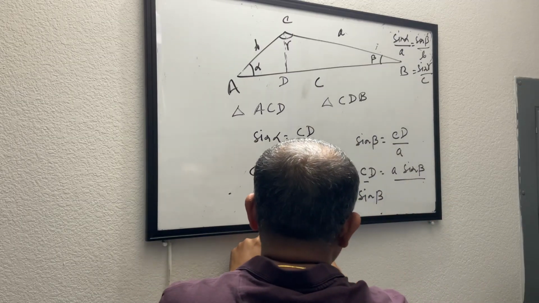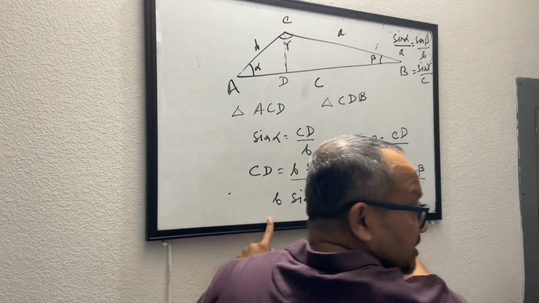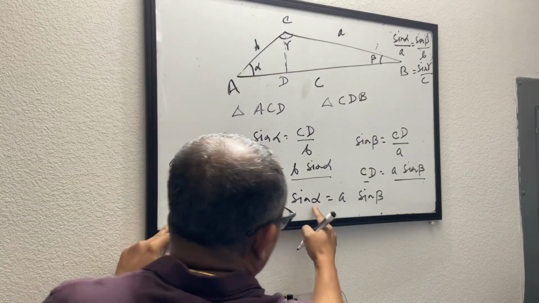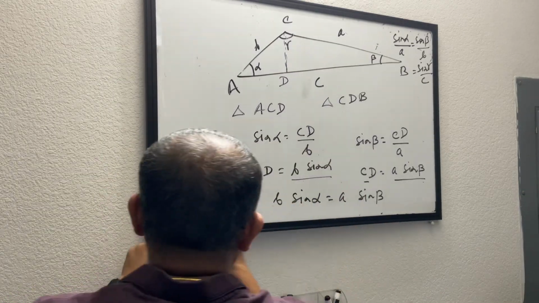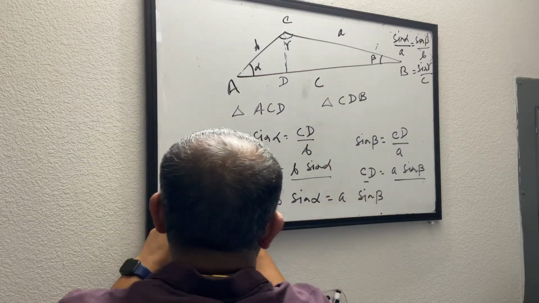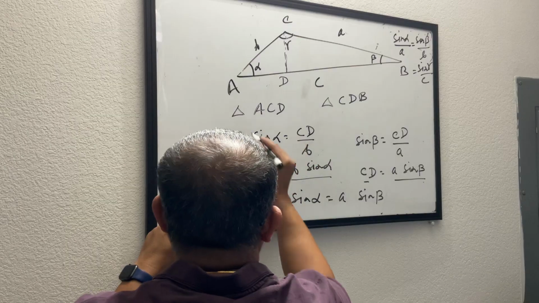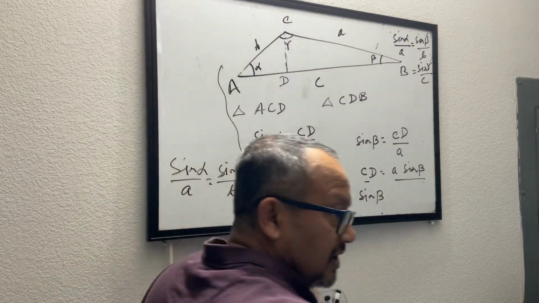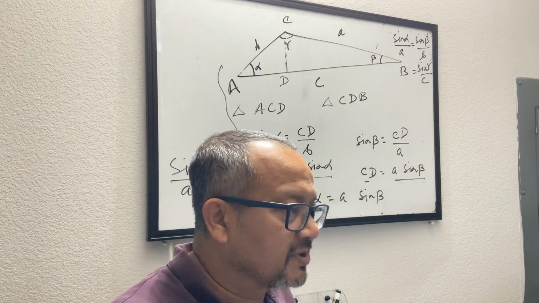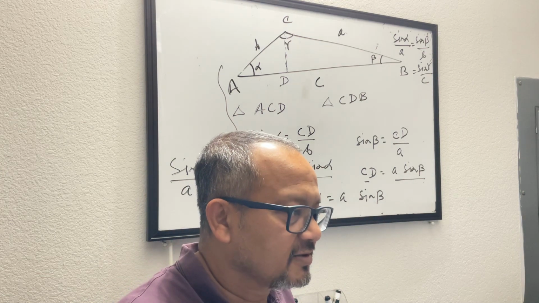A comes this side, becomes sine alpha by A. B comes this side, becomes sine beta by B. So from this we got sine alpha divided by A equals sine beta divided by B. I'll try answering your question, but up to this much, whatever we have done, is it believable or not?